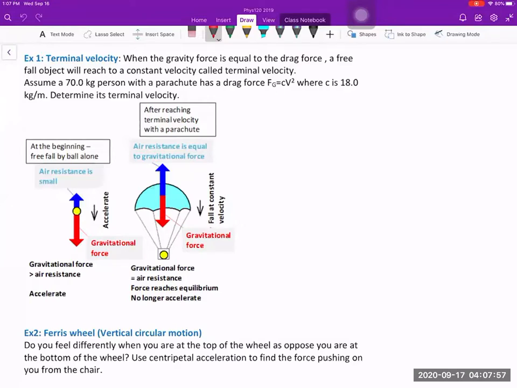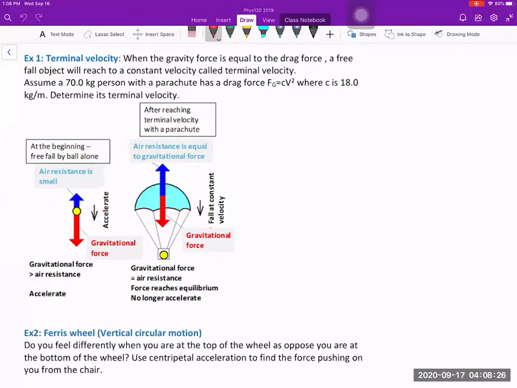Because the net force along that direction is not zero, you have a net force, and the net force goes downwards. So that's why you keep on accelerating downwards. It is not a free fall because we put air resistance into consideration. That means you are not moving as fast as you would in vacuum. When you are in vacuum, you don't have air, therefore you don't have air resistance.